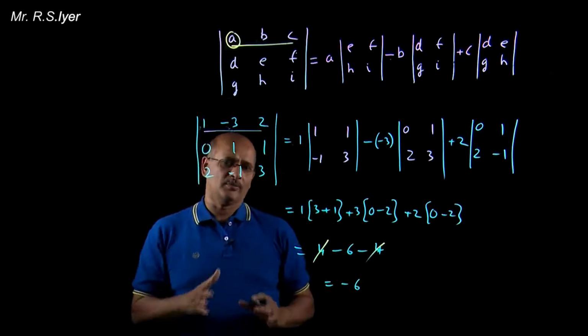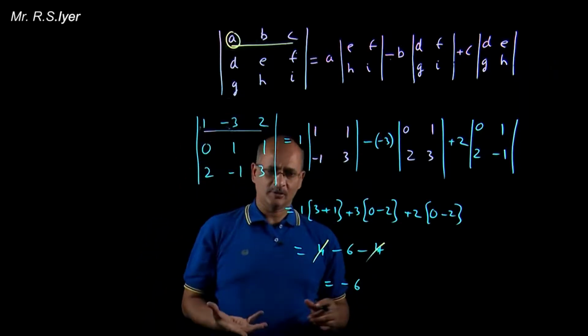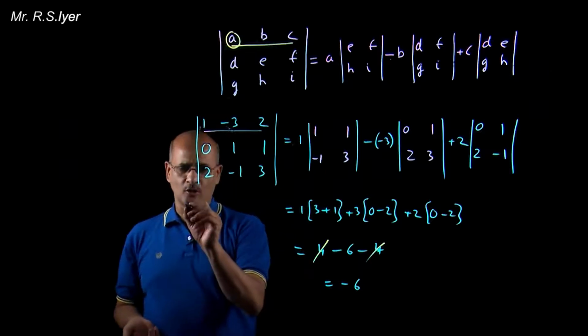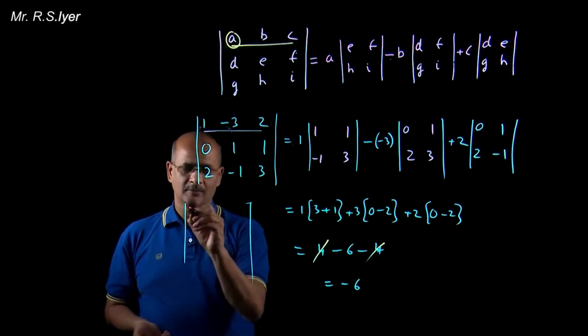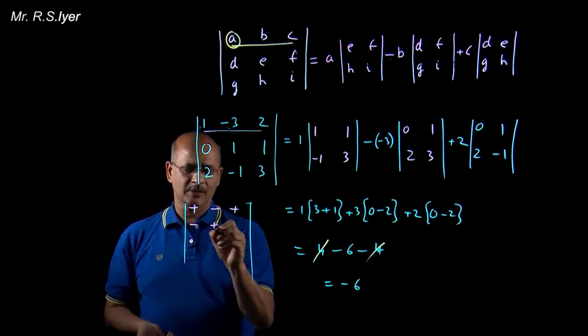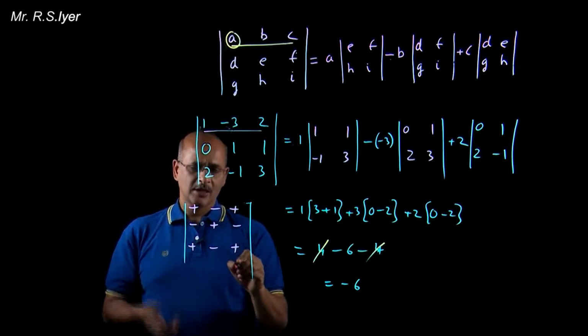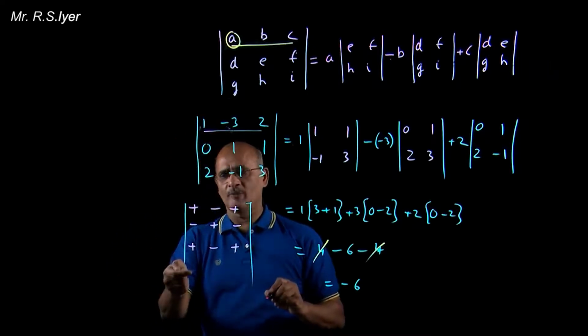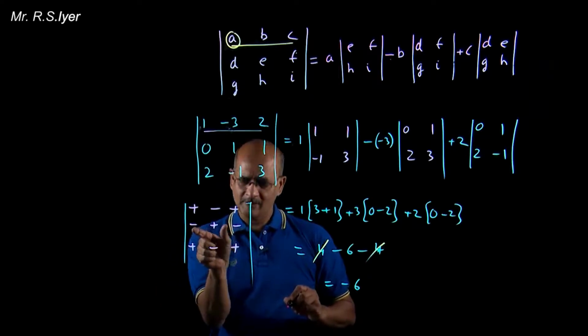Any row and column you can take as the base and open up the determinant. The convention we follow while opening is plus, minus, plus, minus, plus, minus, plus, minus, plus. That means if you are taking the first column and opening up, it is plus, minus, plus. If I am taking the second row and opening up, it is minus, plus, minus.